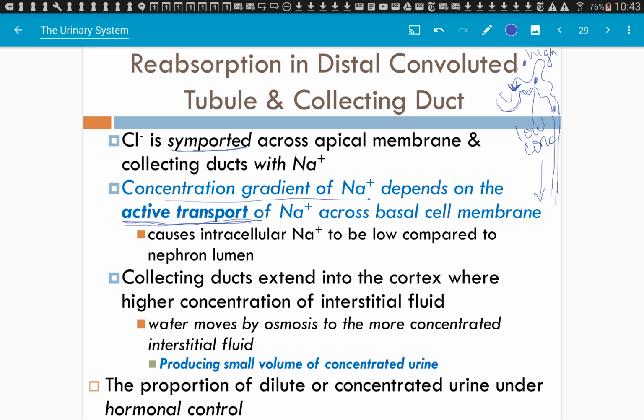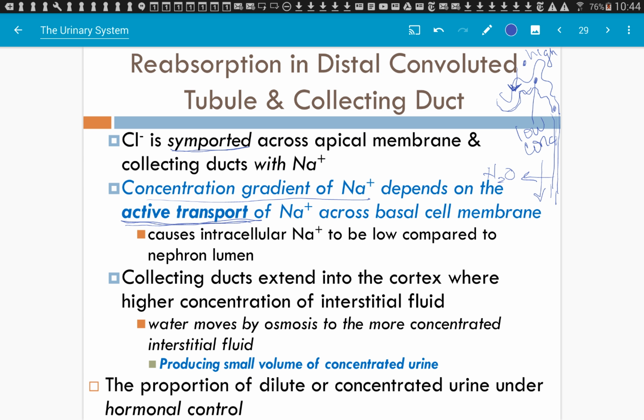So as it moves down the collecting duct, getting closer to the medulla where the concentration is higher, then we start having more water moving out. And that helps to concentrate your urine. You also have other substances like urea or sodium chloride that also is being transported back out to help keep that concentration high in the medulla.